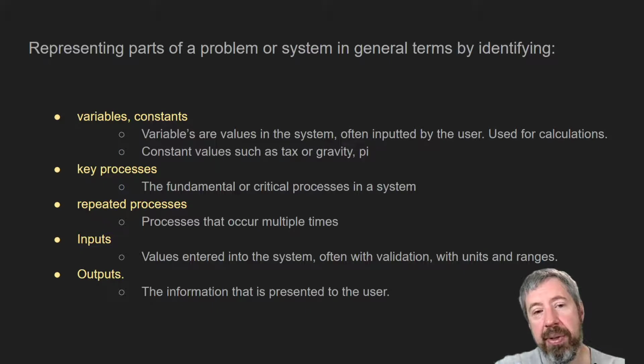Constant values are values in your system that you don't change. So if you're making a car game, you might need gravity to calculate some of the forces of the car on the road. The gravity would be a constant force, and so would pi if you want to calculate how far the wheels rotated and how far the car's moved.